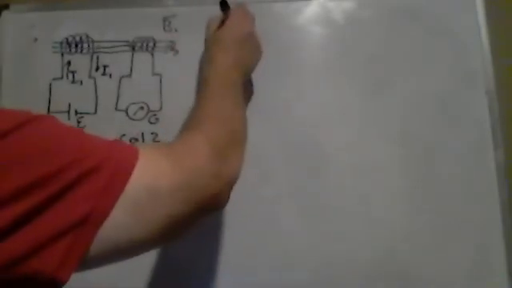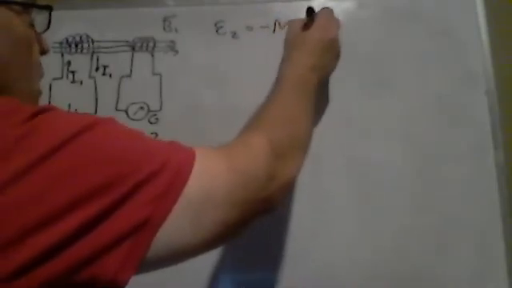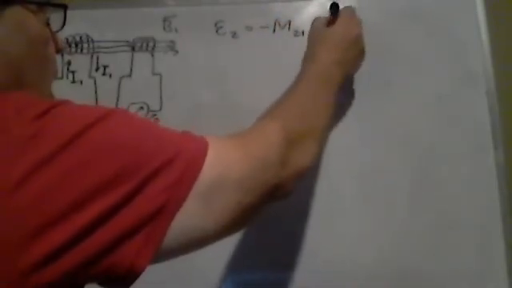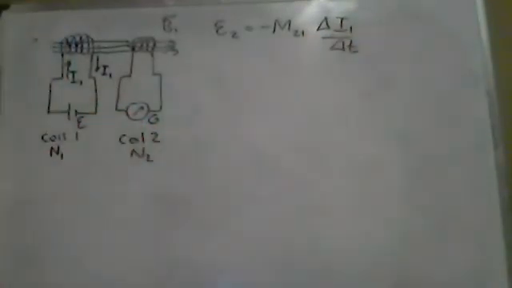Put in the parking lot that epsilon 2 is negative M21 delta I1 with respect to t. All right, now let's switch roles. Let's now have coil 2 possess the battery and coil 1 possess the ammeter.